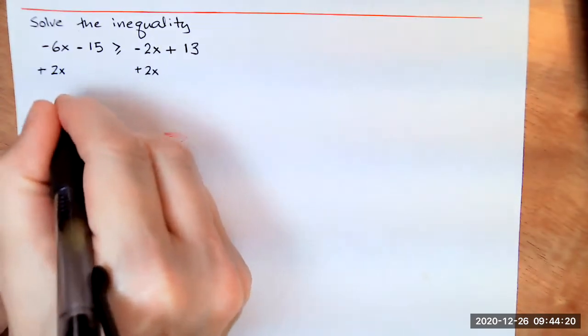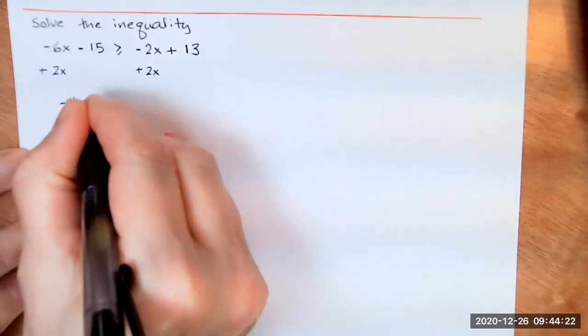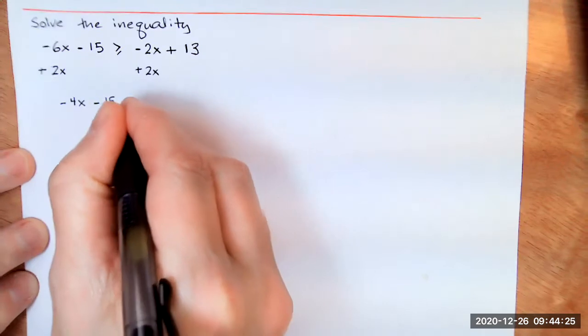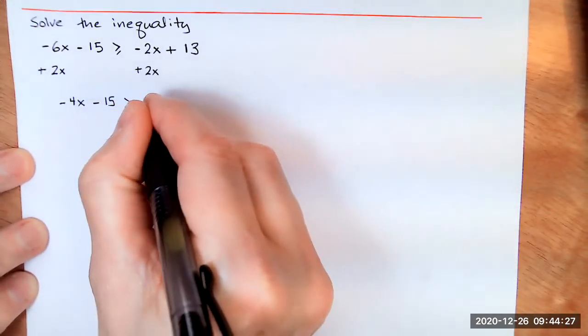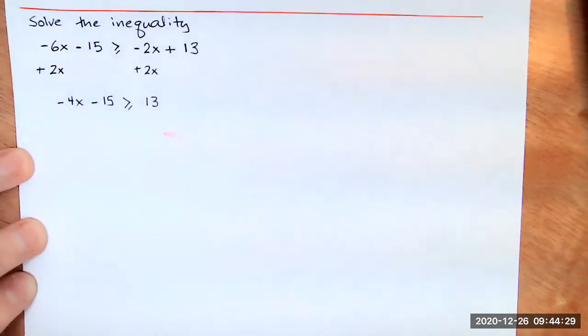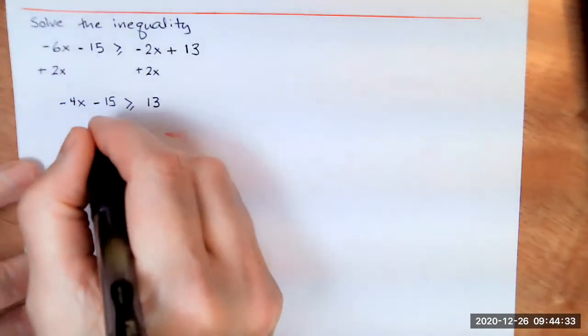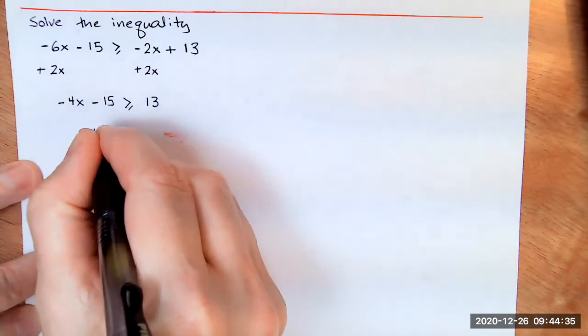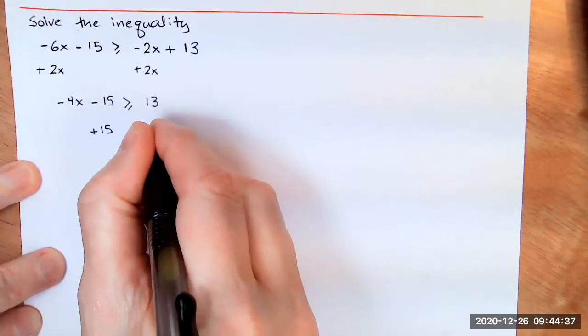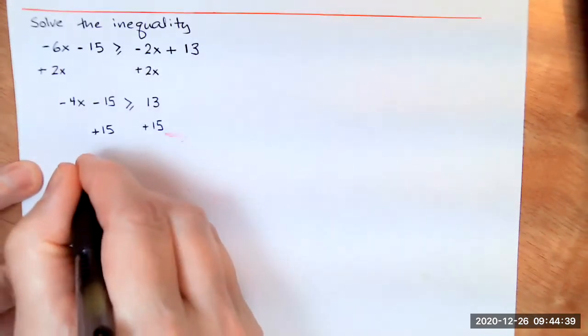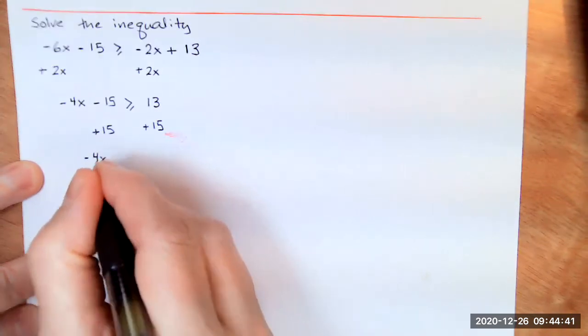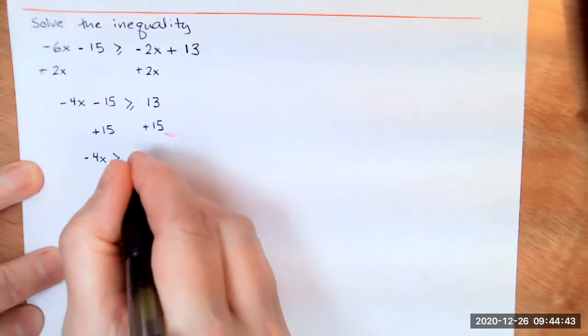So we have negative 4x minus 15 is greater than or equal to 13. Then we can add 15 to both sides. Negative 4x is greater than or equal to 28.